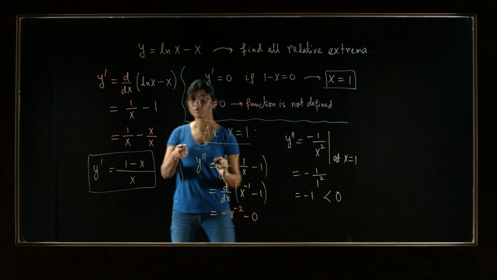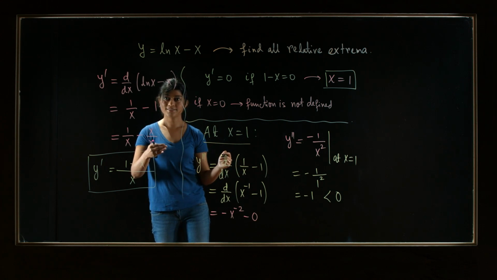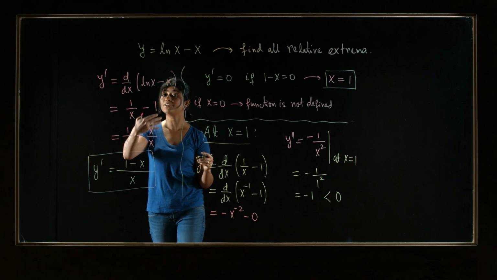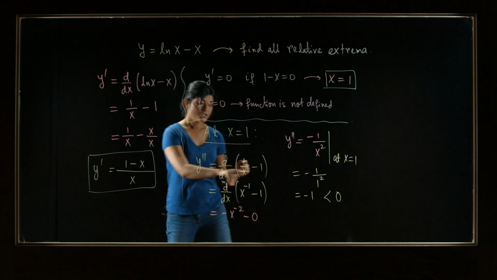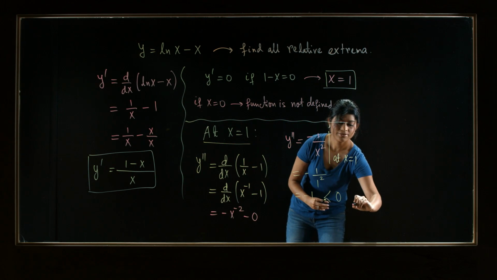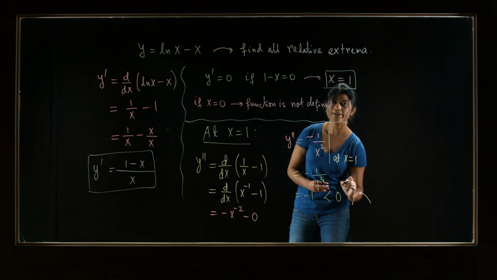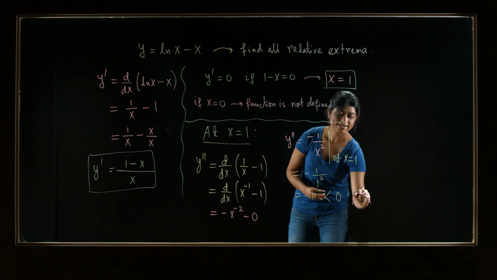Now, do you remember what that means? The second derivative determines the concavity of the graph. So negative means the graph will be concave down. And if the graph is concave down, that point will give you a maxima.